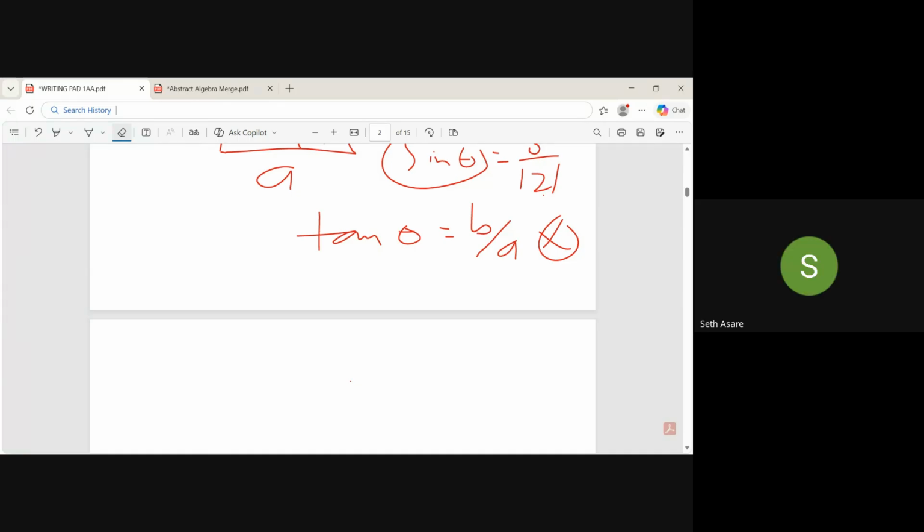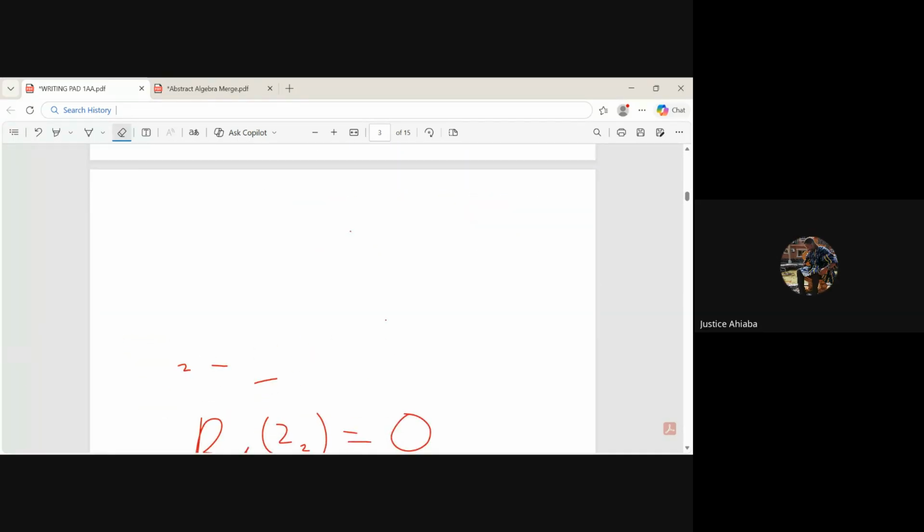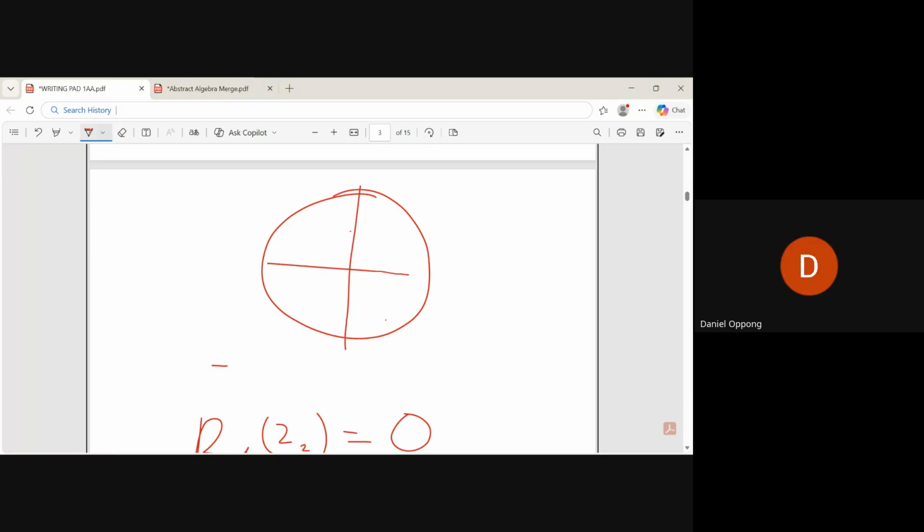If I have this, you know that here will be pi on 2. Pi on 2 is 90 degrees, and here is pi. Here will be 2 pi. If I move from here and come back to here, I've moved 2 pi. Do you agree? 2 pi is the same as 360 degrees. Do you agree? Yes, sir.